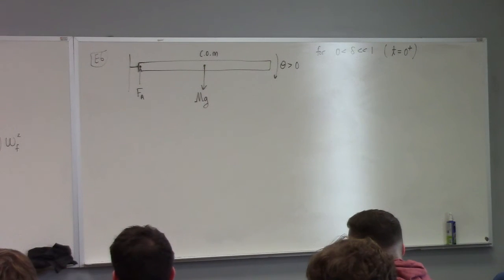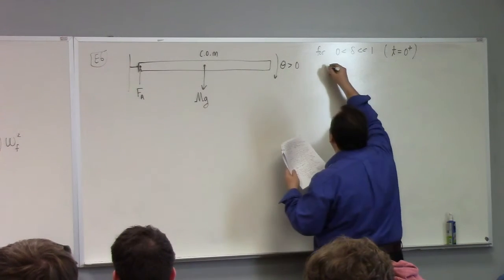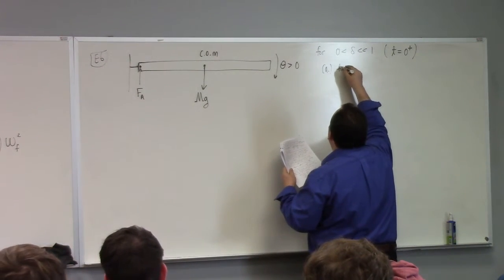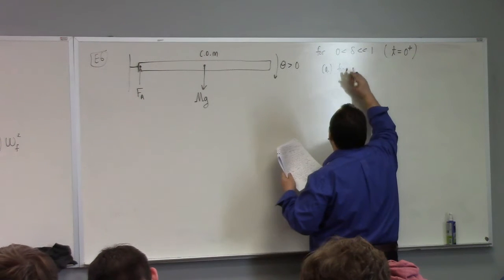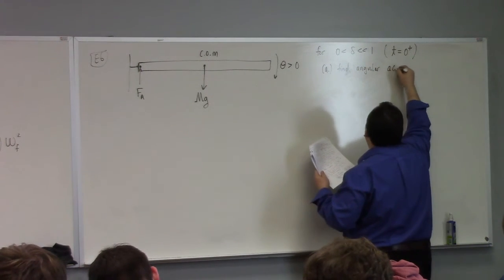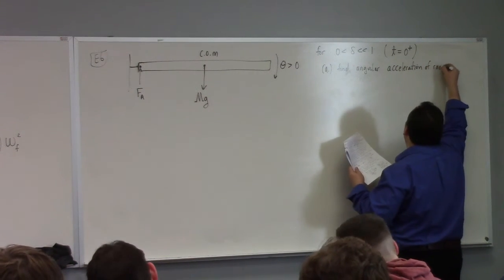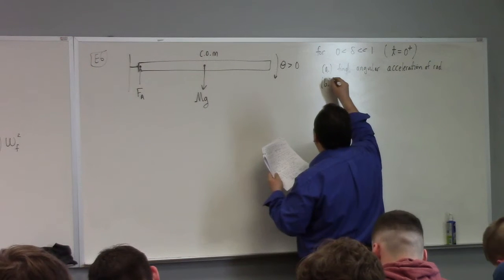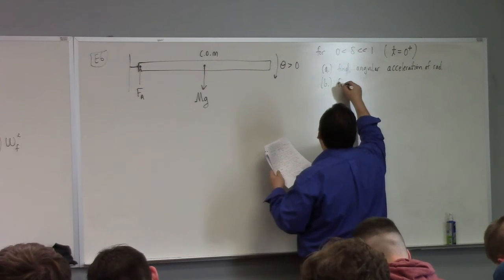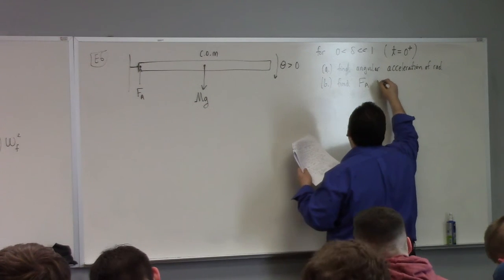All right? That's the context here. So for very small positive times, A, find the angular acceleration of the rod. And then part B, find what the force is applied at the pivot point.